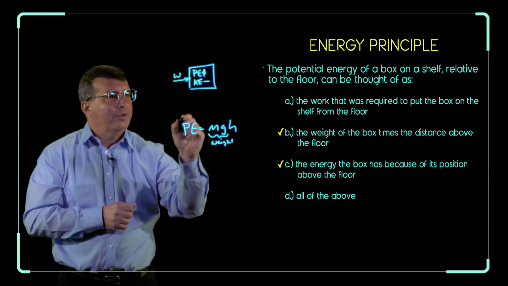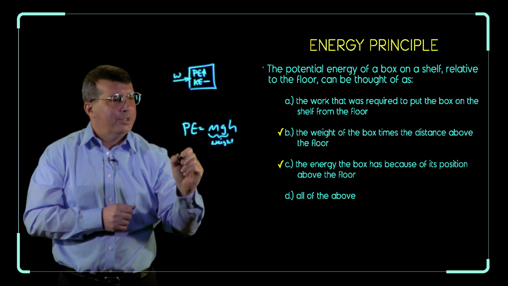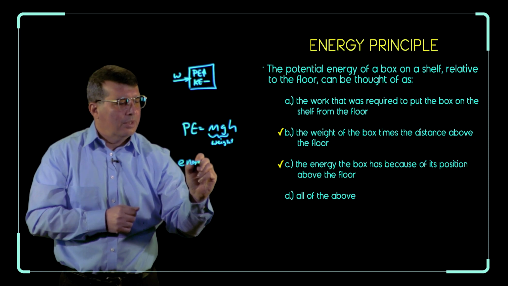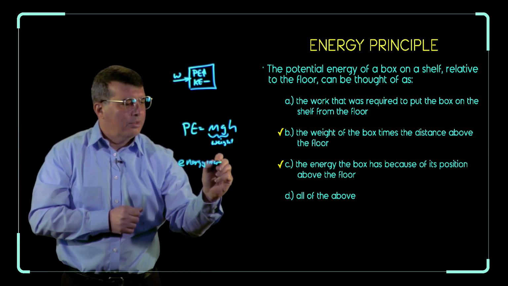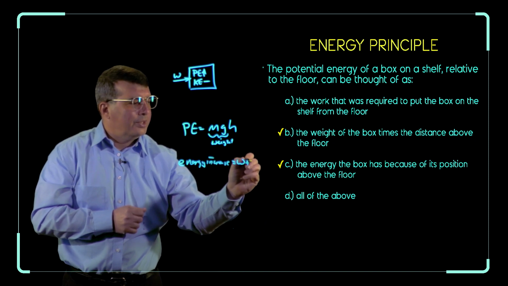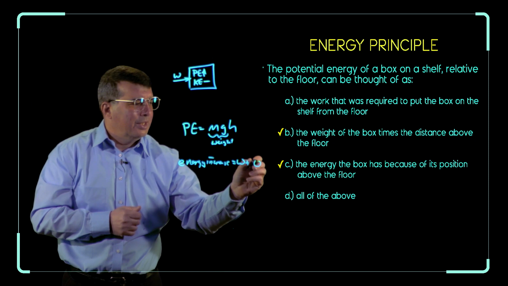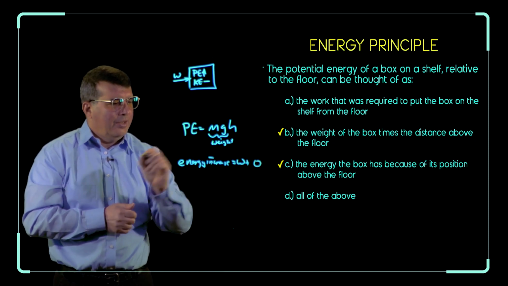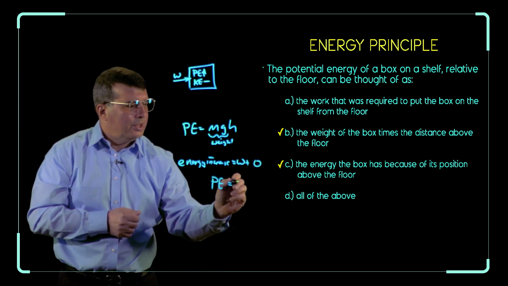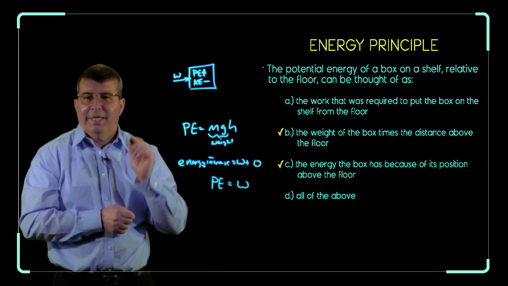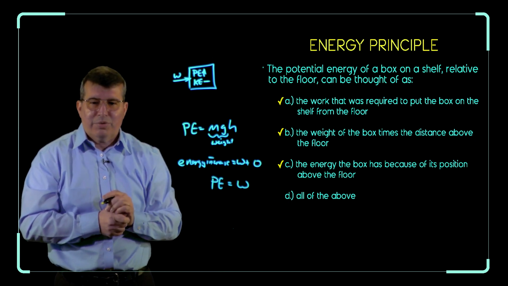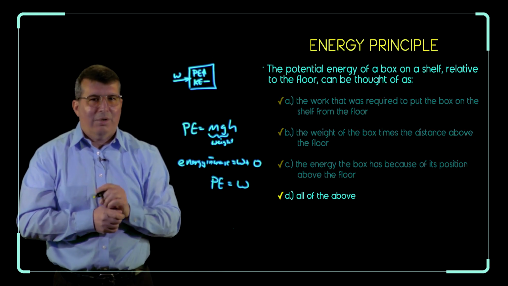So if we look at our energy principle, energy increase is equal to work plus energy decrease, and we don't have any energy decrease, so I'm just going to put 0, and the energy increase is the potential energy, so the potential energy is also equal to the work done, and that was A. So in this case, A, B, and C are all true, so the correct answer is D, all of the above.